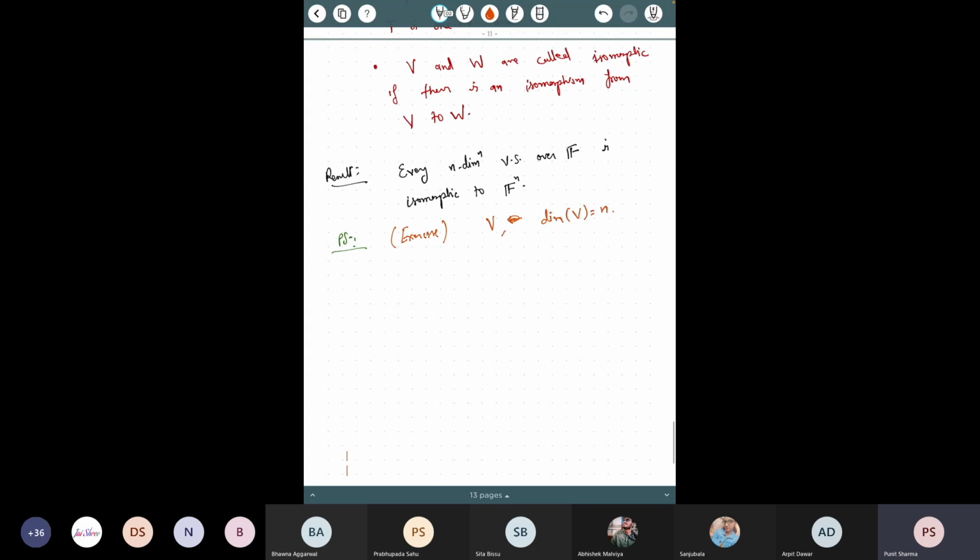Then you take a basis, let's say B of V. Then you define this linear transformation T from V to F^n. How is it defined? You send v to the matrix of v with respect to B. This is a linear transformation, and it is actually an isomorphism, and therefore every n-dimensional vector space is isomorphic to F^n.